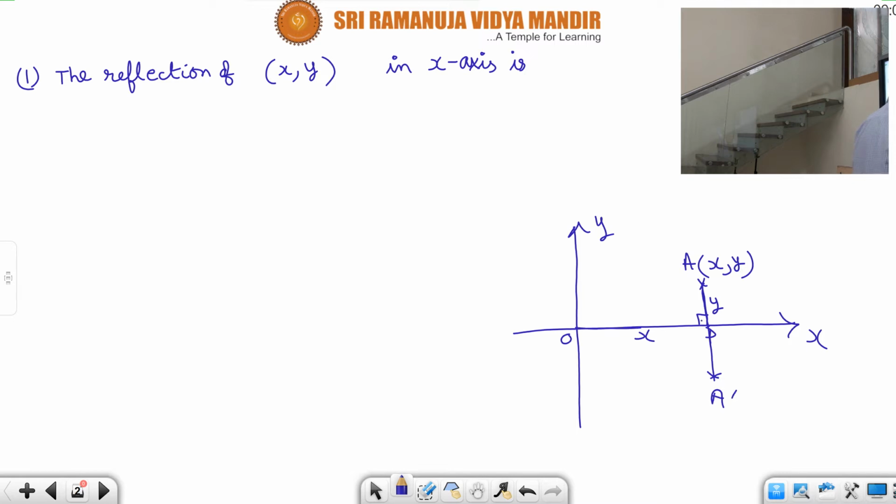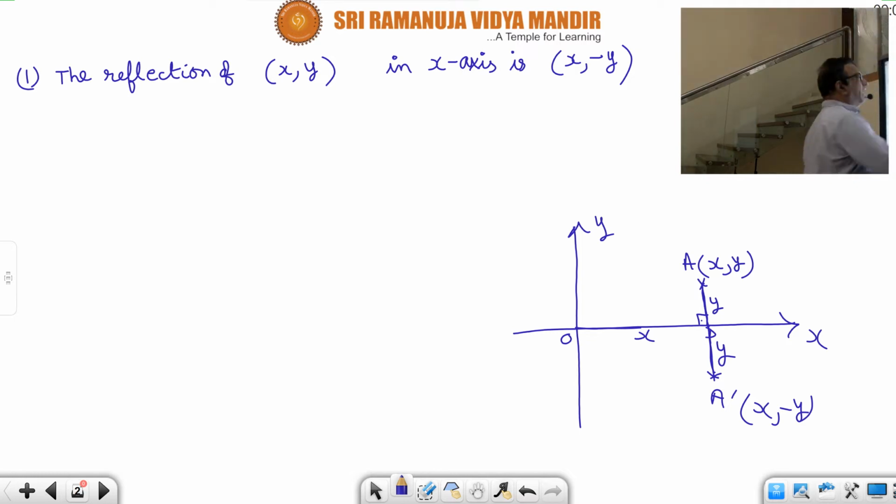So for a first quadrant point, you get the reflection in the fourth quadrant, x comma minus y. That is very good. The rule is, for reflection in x-axis, change the sign of the y coordinate.